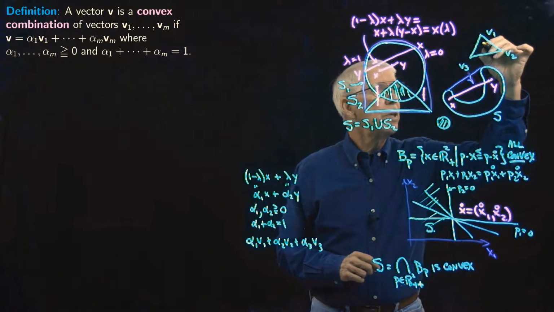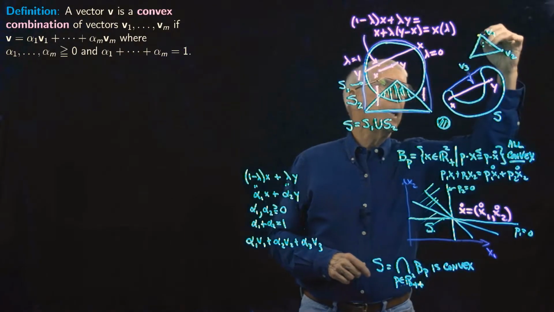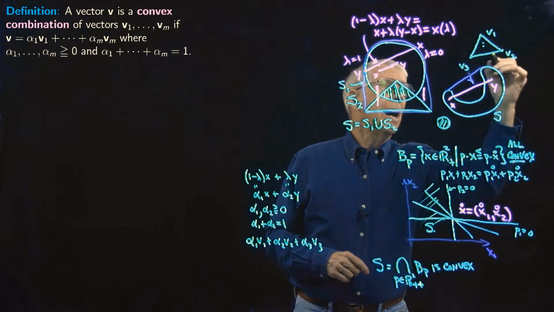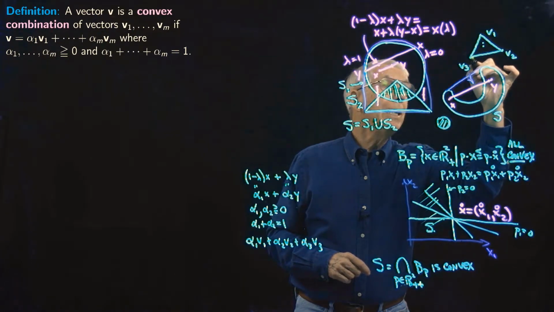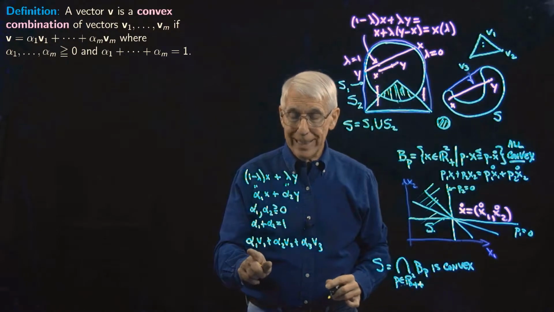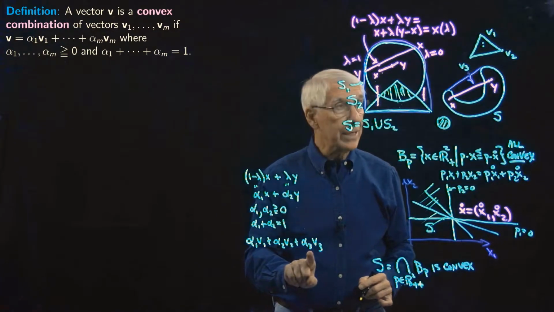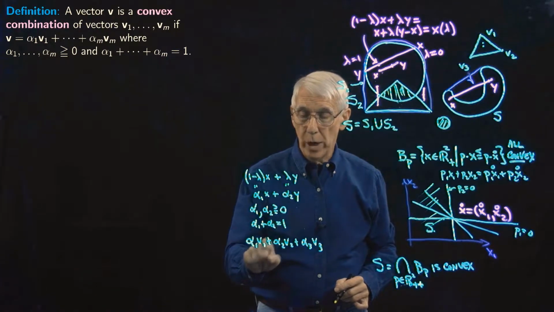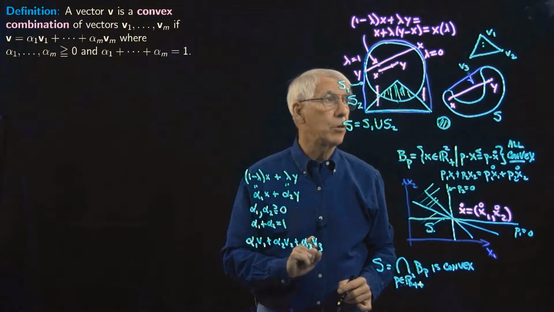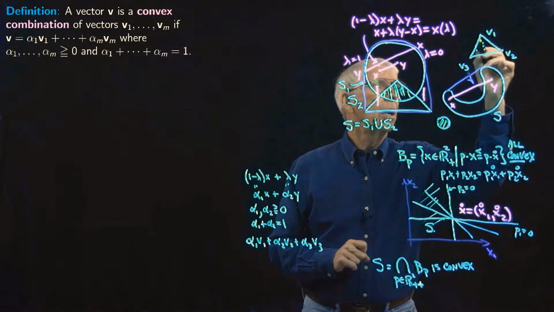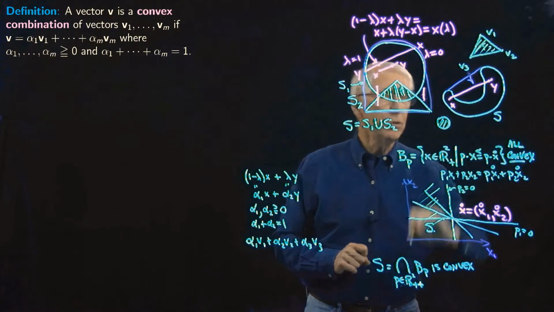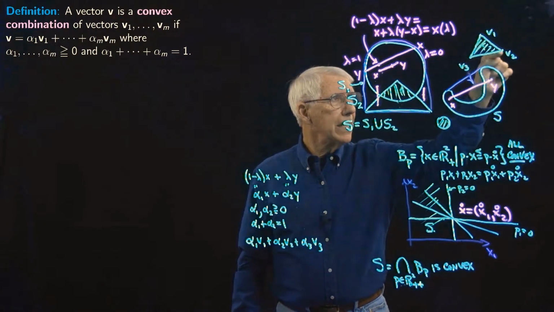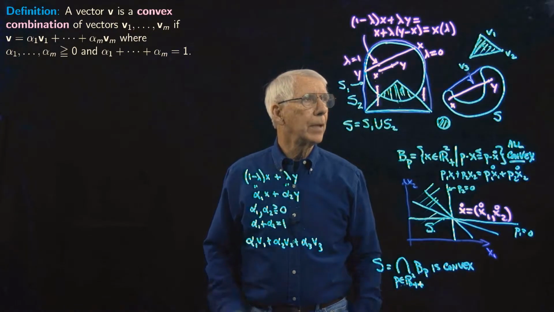But then we have all these points in here which I can generate by taking convex combinations of v1 and v2, and then taking a convex combination of those with v3, which I can show easily is then a convex combination like this. That is a linear combination where the coefficients do add to 1. In this case, alpha 1, 2, and 3 add up to 1. So all the things in here are convex combinations of these 3 points too. So the set of convex combinations of these 3 points is this triangular set here.